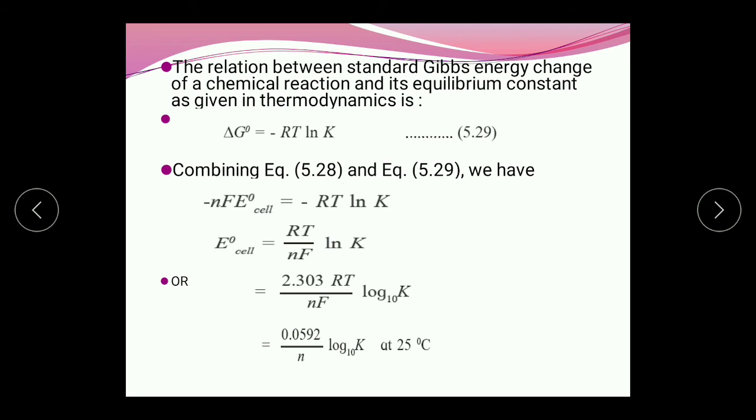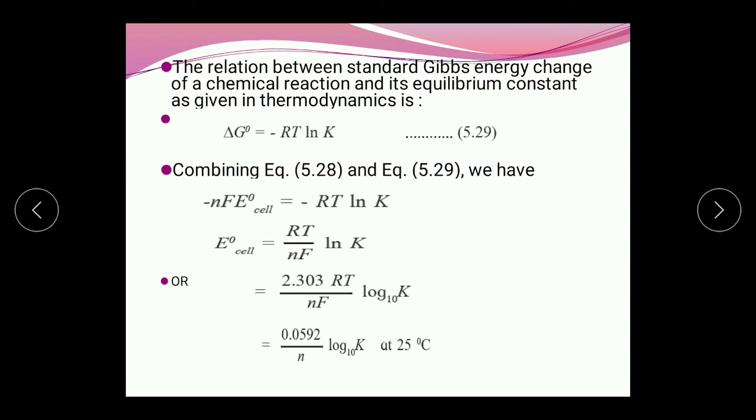The value of n changes every time, so we can't substitute that. F is Faraday, that is 96,500. So if we substitute all the values of 2.303 into 8.314 into 298 divided by 96,500, then the value we learned in the Nernst equation, the value is 0.0592, and hence E0 cell equal to 0.0592 divided by n into log to the base 10 of K will be the relation between standard cell potential and equilibrium constant.